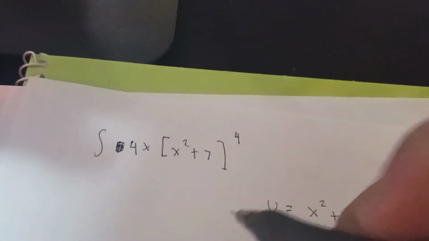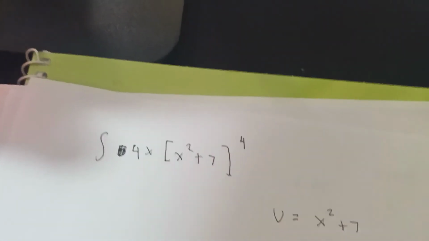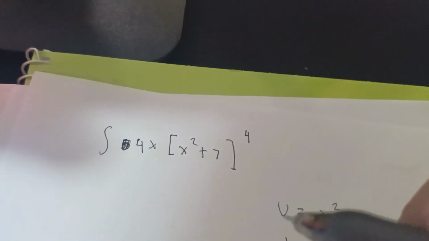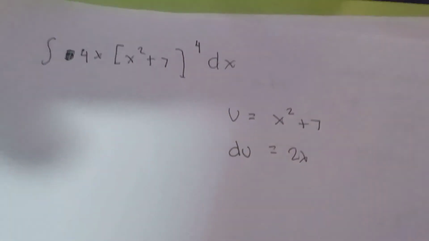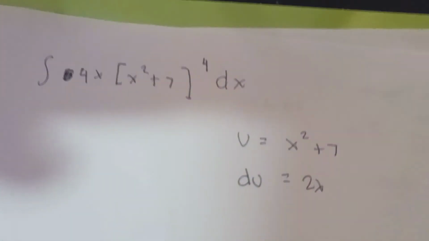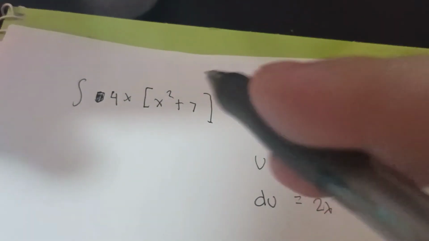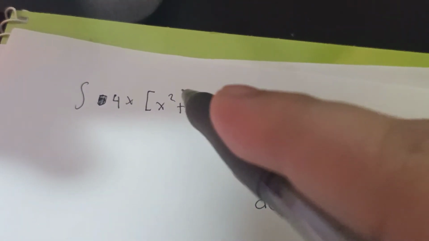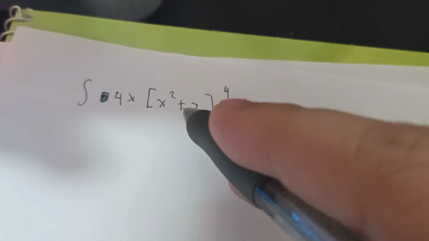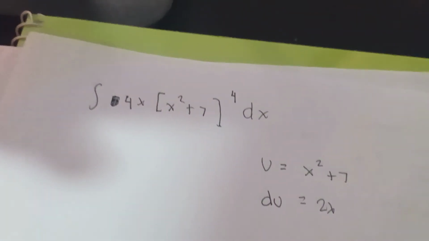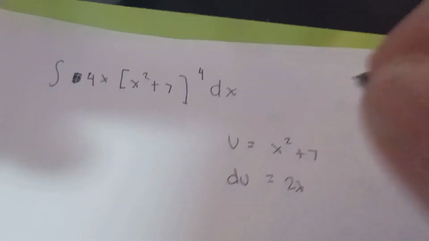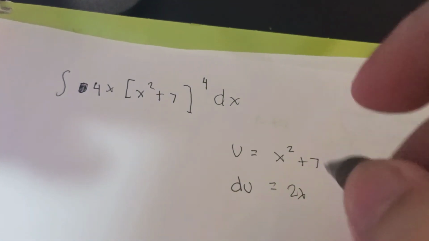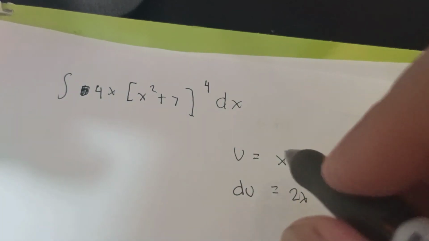Now we're gonna find the antiderivative of 4x times x squared plus 7 to the 4th power dx here. What we're gonna need to find first is the u, then its derivative. So our u, like in the first problem, is the one inside the parentheses, making it u equals x squared plus 7.